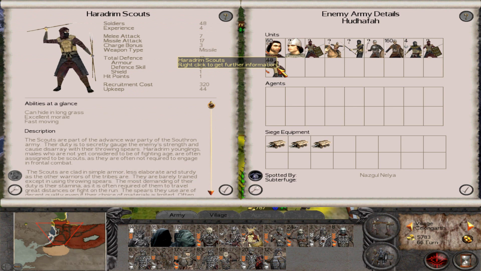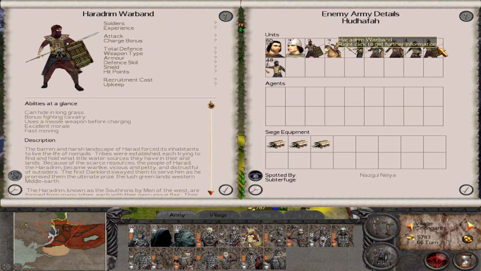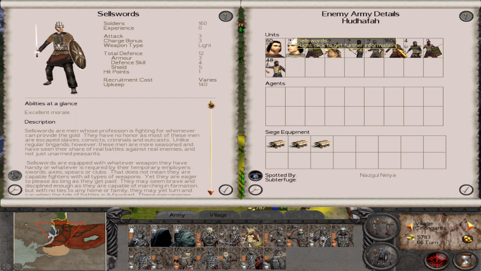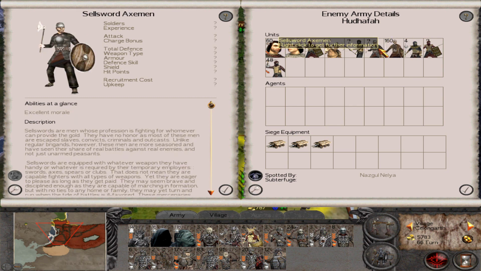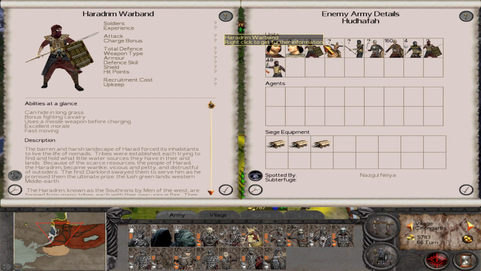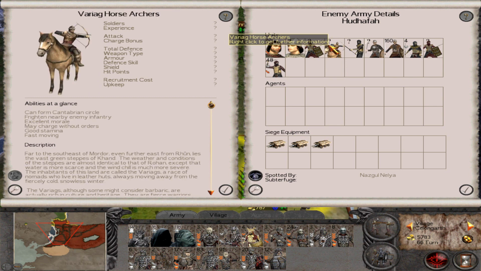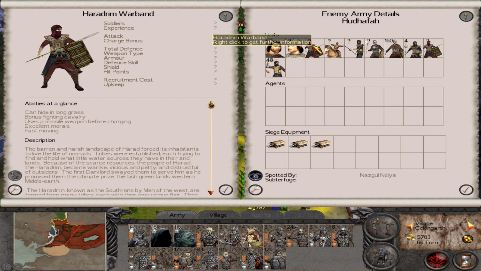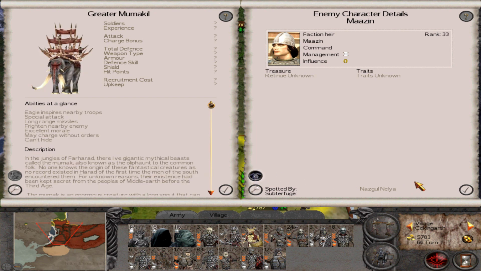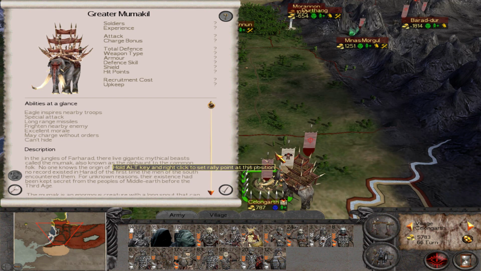They have Harad scouts, javeliners, Harad warband spearmen, Harad swordsmen, sellswords, mercenaries, sellsword axemen, Harad tribesmen, and Variag horse archers, warband, and 2 generals, Greater Mumakil bodyguard for the General Massin.